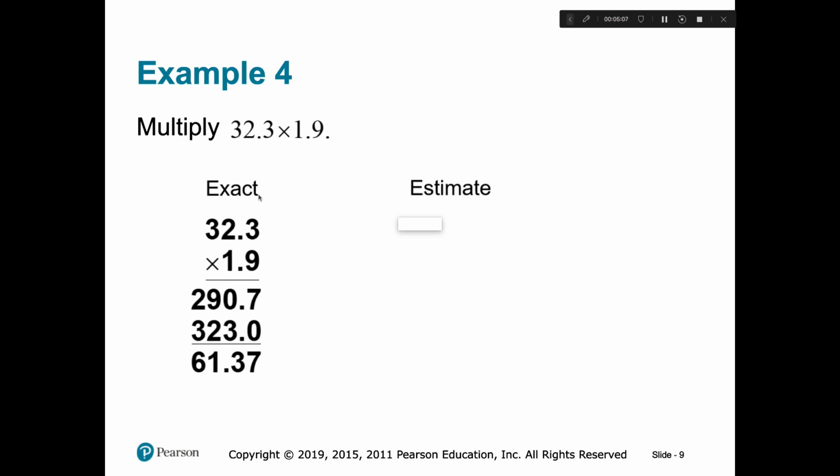If we were going to estimate, what would we round this to? 32 and 2. What is 32 times 2? 30. Close. Not 34, but 64. 32 doubled would be 64, which is close to 61.37.